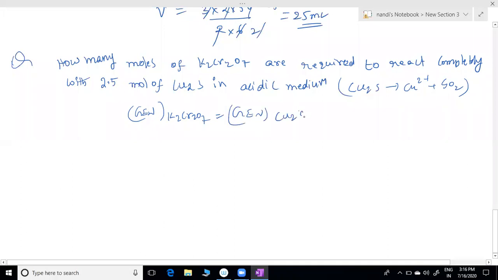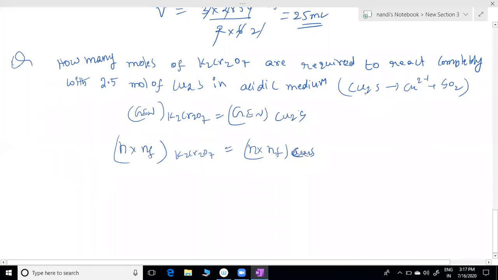Gram equivalents means, as I gave the formula today, number of moles into n factor. Can I write? Here also, number of moles into n factor. What is the Cu2S n factor?